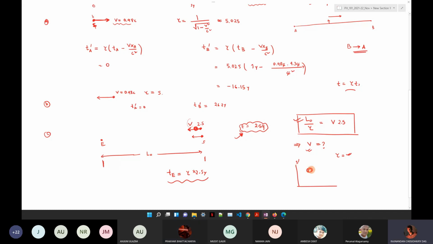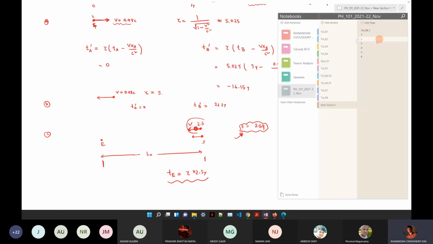Now suppose the clock is moving with speed v with respect to S. That means our S prime is also moving with speed v, right? Which frame did we used to call the proper frame? We used to call the time measured in S prime the proper time, right? Yes. So that's why we have to write it this way. Sorry, the time measured in this frame will be the proper time. So that's why we can use time equal to gamma times the proper time. Yeah, I got it. I did the same. Okay.